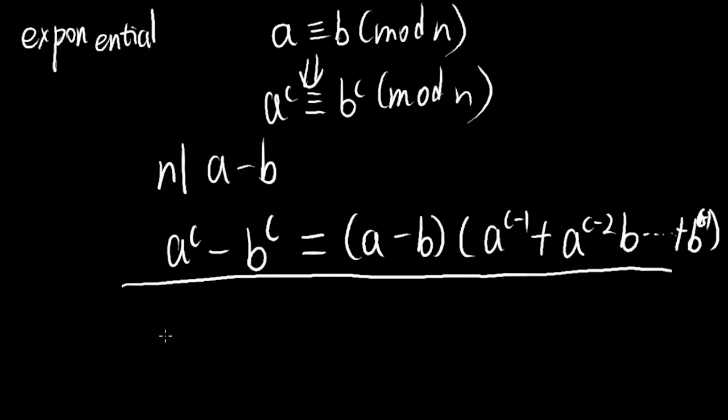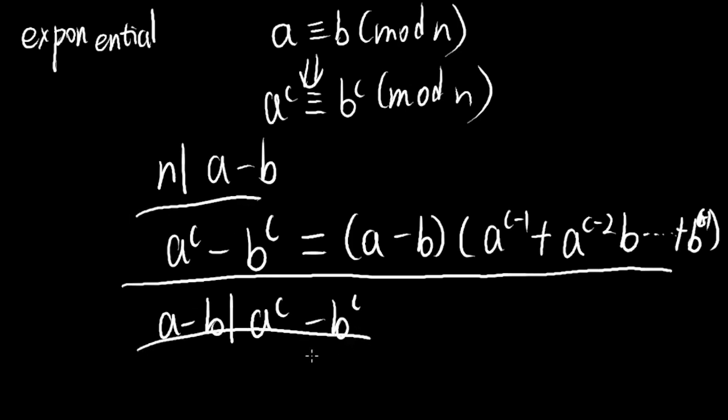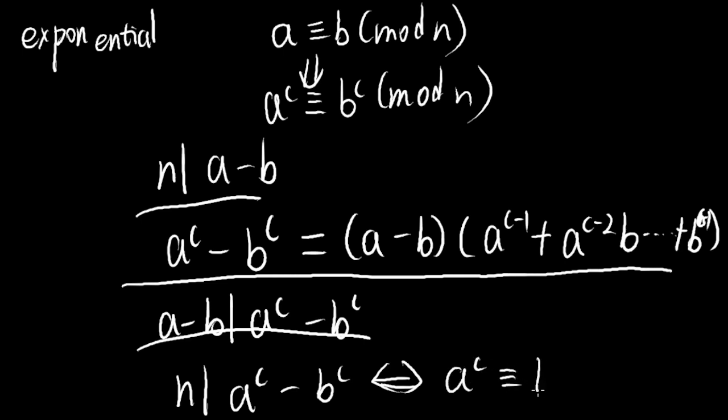It means that this divisibility holds for every a and b. And we know that a minus b is divisible by n, so a to the power of c minus b to the power of c is divisible by n, and this is the same as a to the power of c is congruent to b to the power of c modulo n.